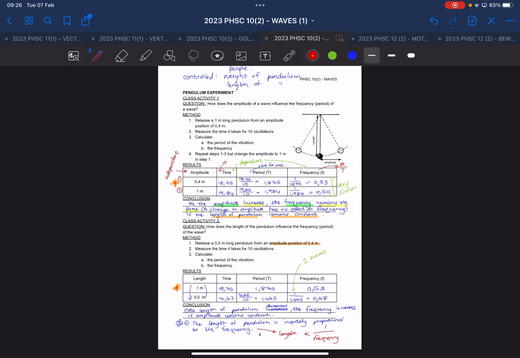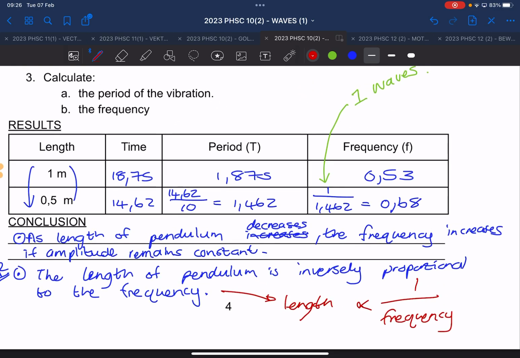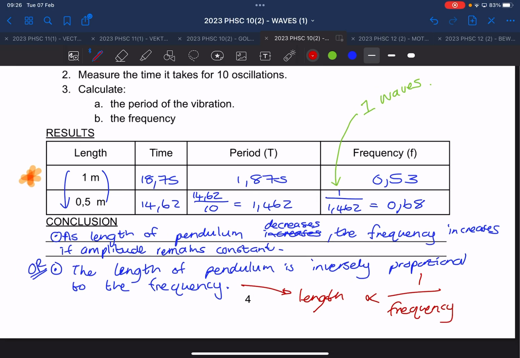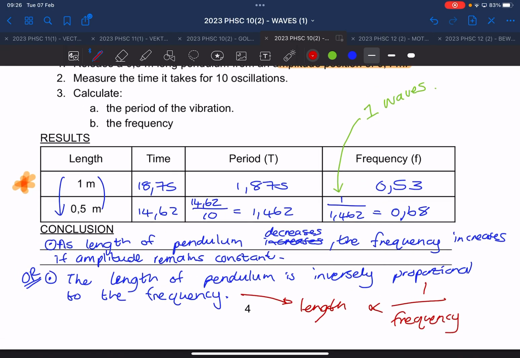If I ask it in an experiment type of way, I might give you the table. I might fill in almost everything except for one thing.